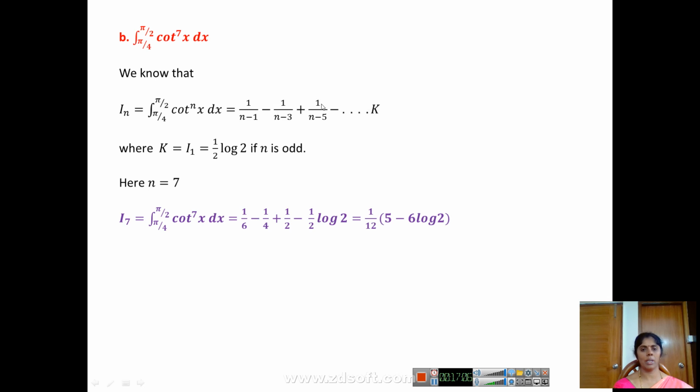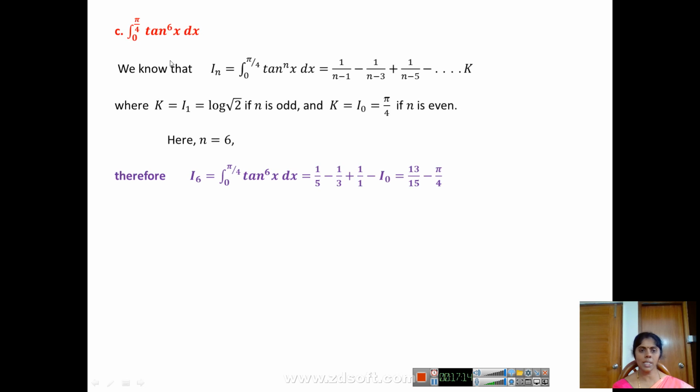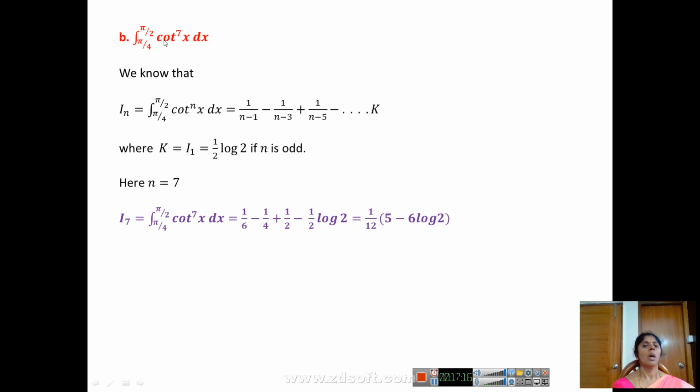Here we have alternate signs, and in the denominator we have n minus 1, n minus 3 and n minus 5, up to k. In this particular problem, n equals 7, an odd number. Odd number means the last term k gives the result as I1, which is equal to 1 by 2 log 2.